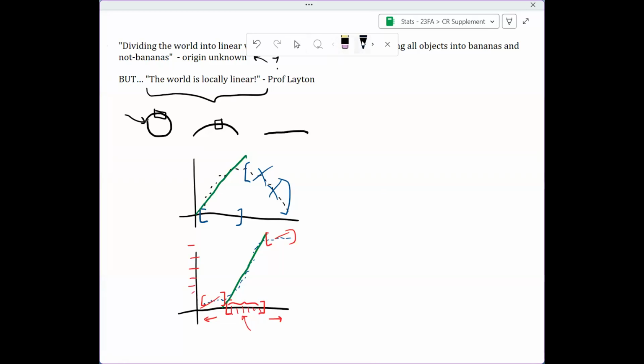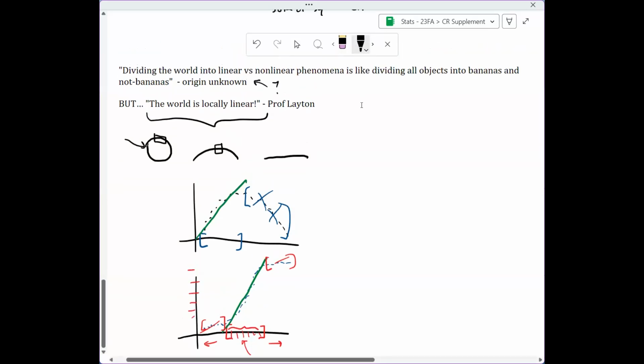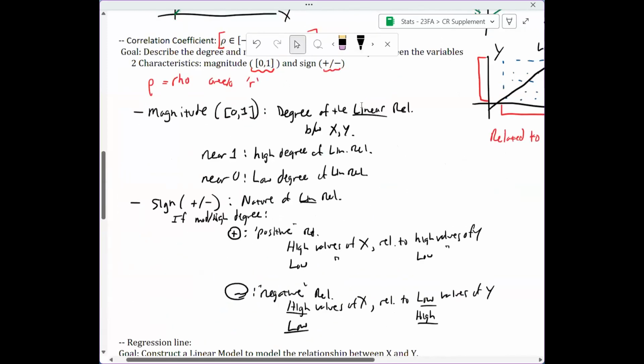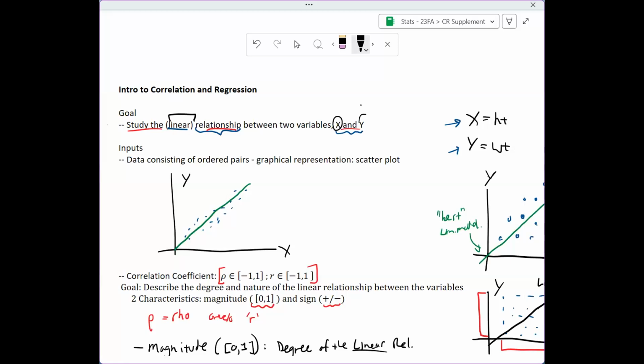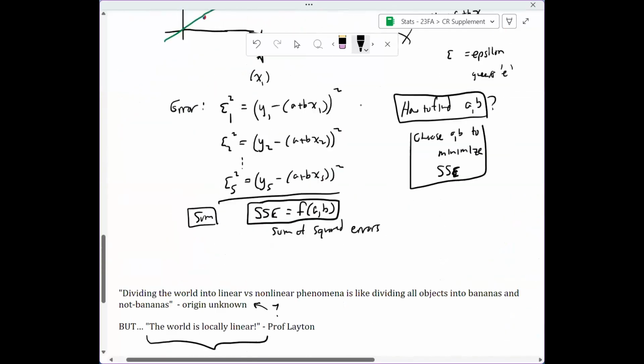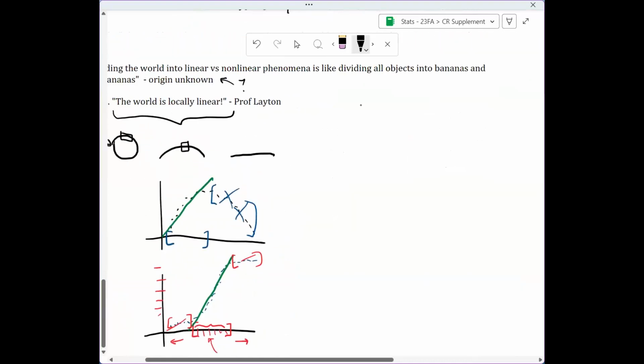And the second thing is, we're talking about a linear relationship between two variables, x and y. But I just called these x and y, right? If I imagine that I had, say, a list of heights and a list of weights.